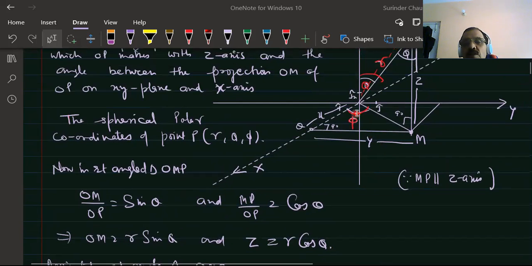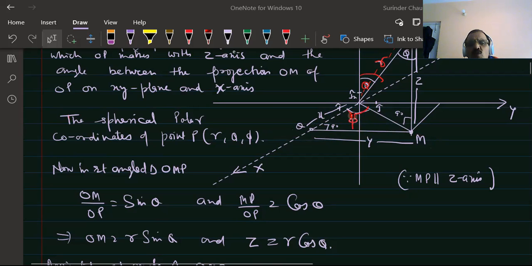Now again consider the right-angled triangle OMQ. This angle is phi, and this is 90 degrees. So base upon hypotenuse, OQ upon OM, is equal to cos phi.